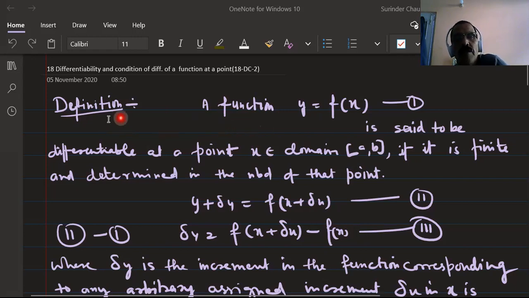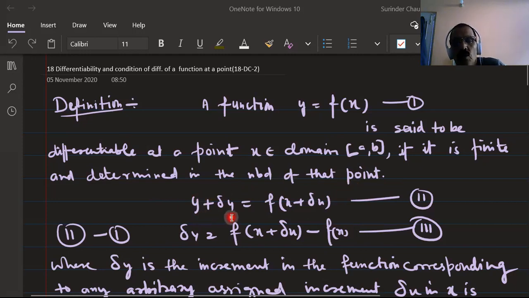Now let's define the differential of a function. A function y, which is a function of x, is said to be differentiable at a point x belonging to the domain if it is finite and determined in the neighborhood of the point.